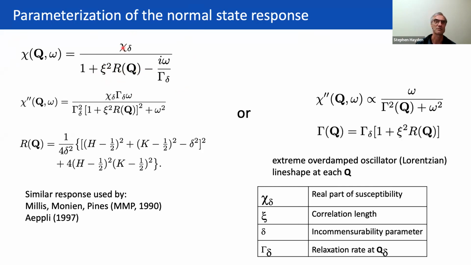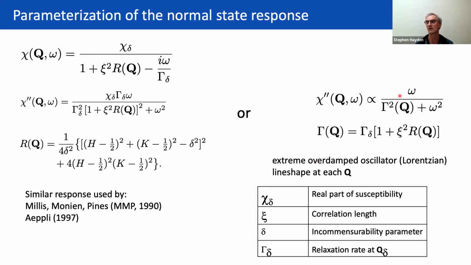It's got an overall susceptibility, a correlation length, and the energy scale at the delta position here. Then you can take the imaginary part of that, and that's the thing we actually fit. Or you can interpret this at any point in reciprocal space as an extremely overdamped oscillator, a Lorentzian.